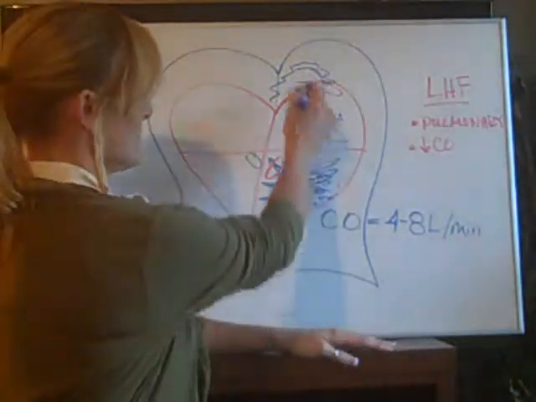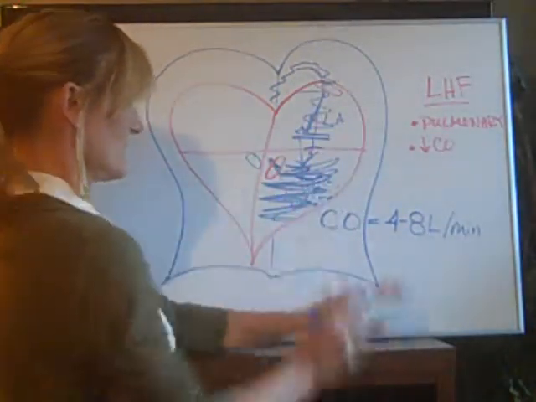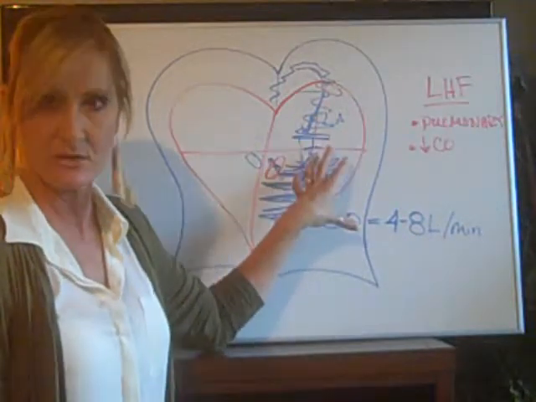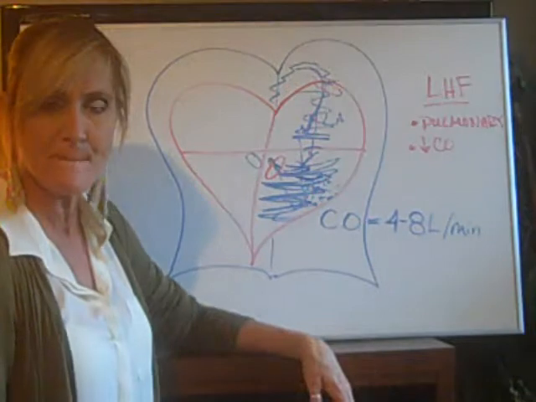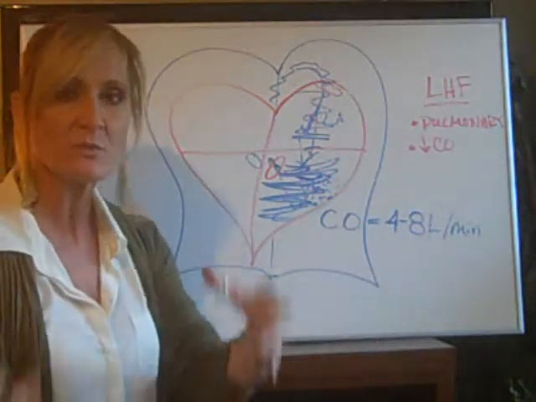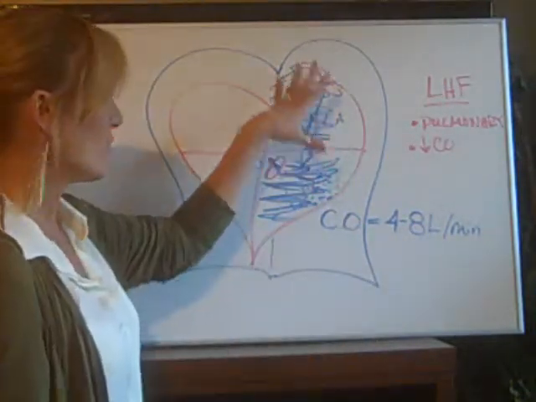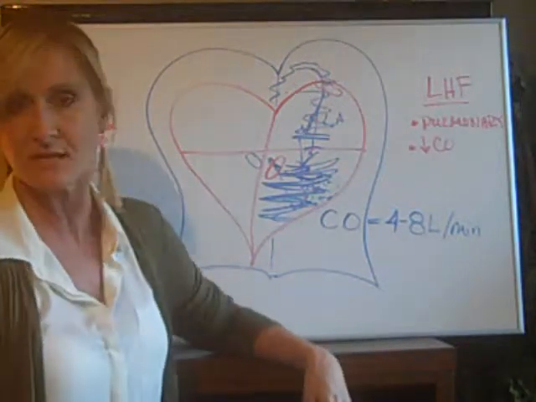So all of this, if you recall, all of this fluid in here is called preload. So one thing that you can do to fix this problem is reduce preload, reduce volume. One way that you can do that is put a patient on a diuretic.